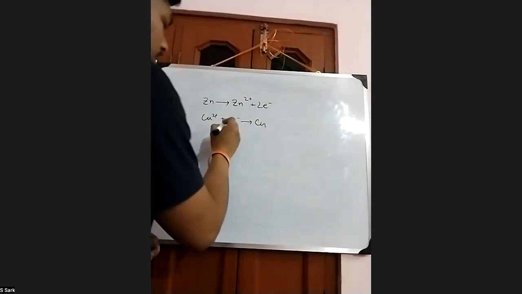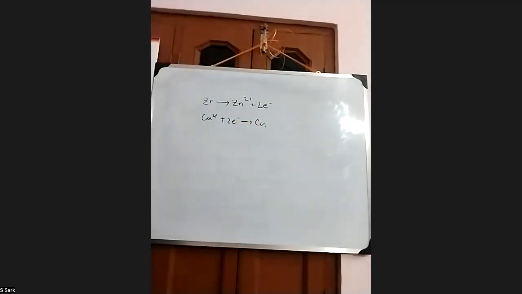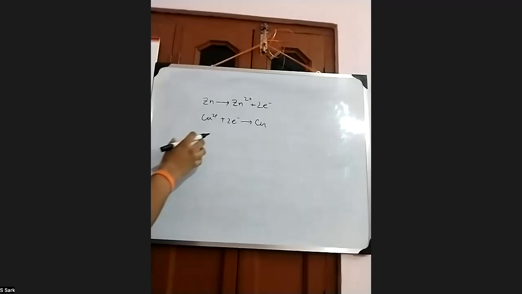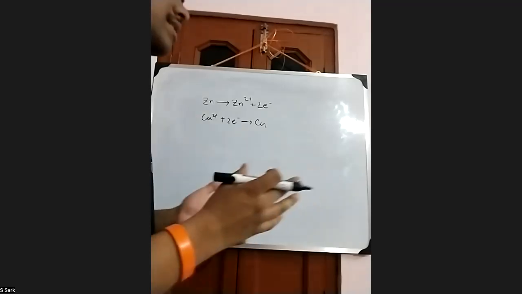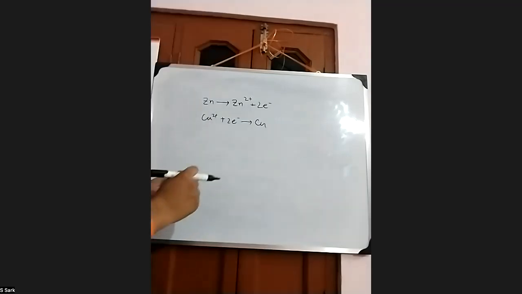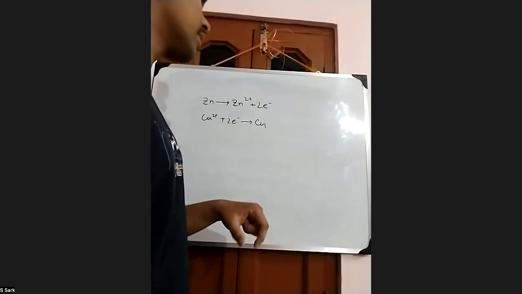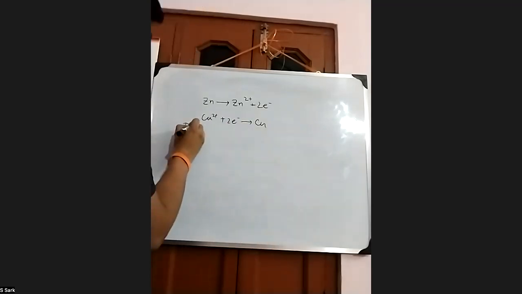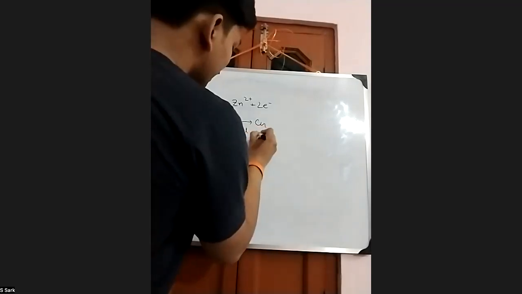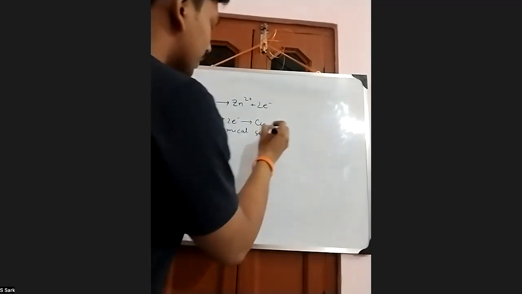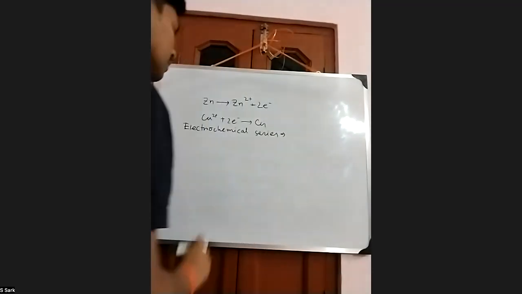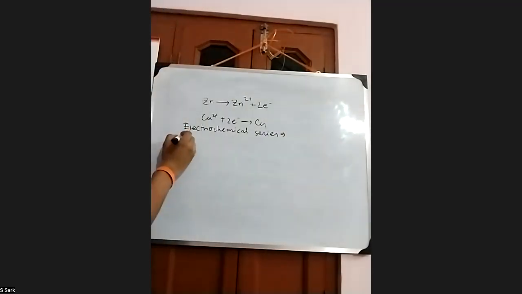So for this de-electronation and electronation, taking or releasing electrons, there is a tendency, and we have to measure the tendency of de-electronation and electronation between the metals. And the electrochemical series is a proper depiction of the tendency of electronation and de-electronation of metals. What the electrochemical series shows us is that there is a list of metals.